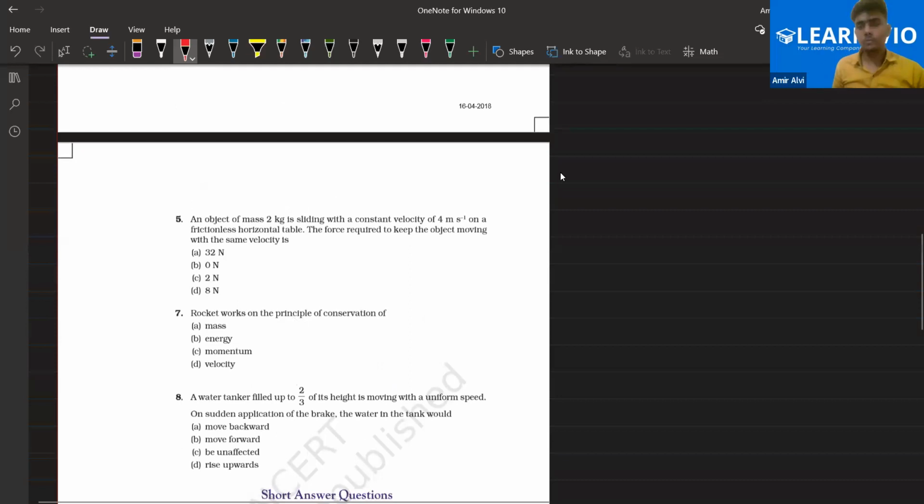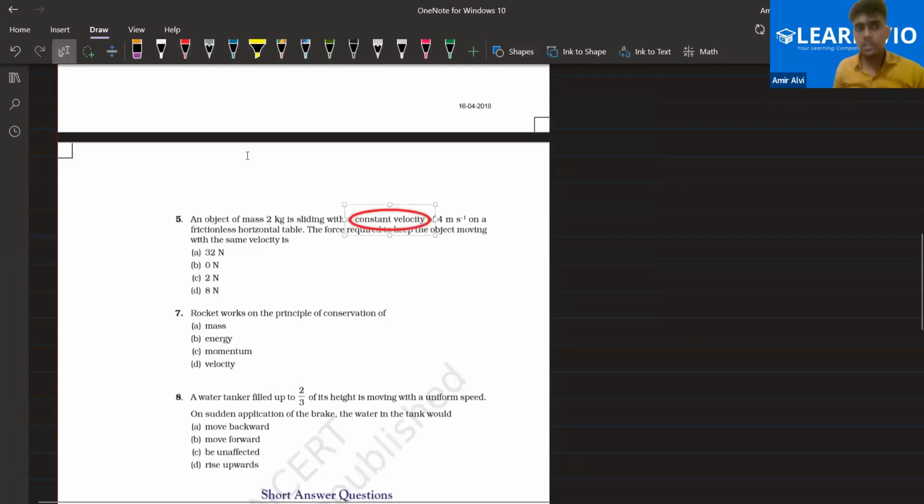So it's already there. This question does not require any calculation. The answer is already in front of you. देखो, an object of mass 2 kg is sliding with a constant velocity of 4 meter per second. This word is the main thing, everyone. Constant velocity word is used.